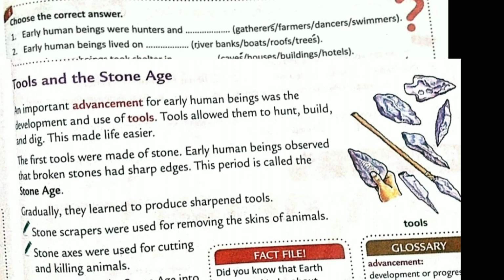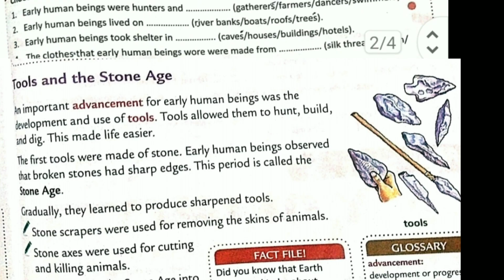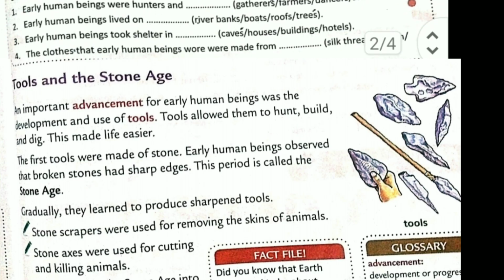Early human beings observed broken stones with very sharp edges. This period is called the Stone Age period. In the Stone Age, they used only different types of stones, especially those with sharp edges.